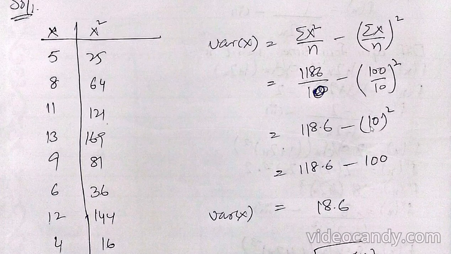There is another thing: you have a built-in function in the calculator. I have recorded a separate video for that, where you can just put these x values into the calculator and directly find the mean, standard deviation, sum of x square and sum of x, with just one click. I'll also upload that video.